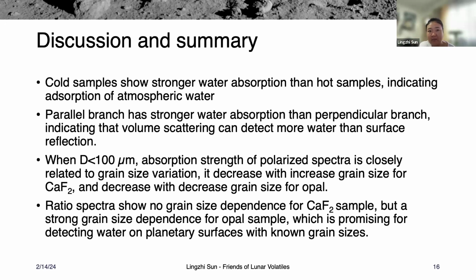But we are thinking about building a purge box to measure that, then apply it to telescope data. Then we can look at some surfaces with pyroclastic deposits on the near side and those areas that don't have pyroclastic deposits and see if we can see anything.